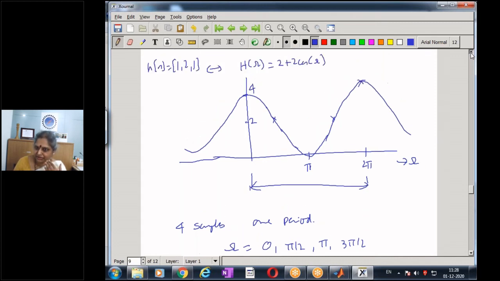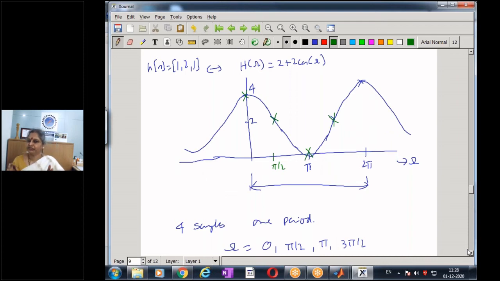In this example, when omega equal to 0, the sample is 4. When omega equal to pi by 2, it is 2. Omega equal to pi, it's 0. Omega equal to 3 pi by 2, once again it is 2.